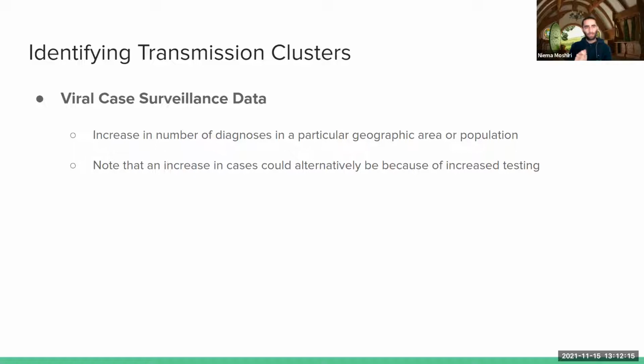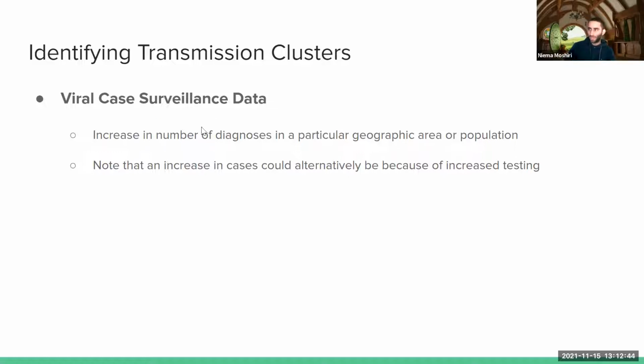Because remember, there's a distinction between cases and actual diagnostic tests, and people could be infected without having been tested and diagnosed. With COVID that was especially a big deal: if you increase testing, by definition you're going to increase the number of people that you detect as being infected. It's not that you created new infections by testing, it's just that those infections already existed but you didn't see them before.